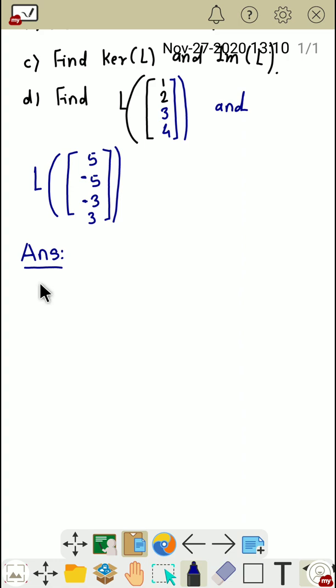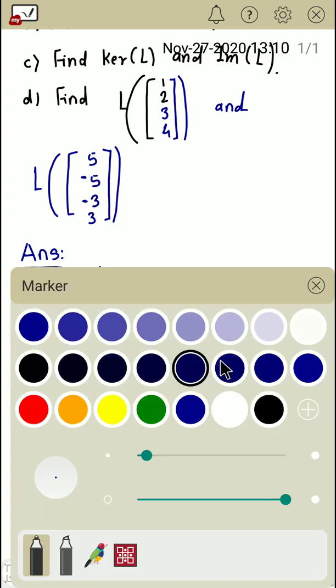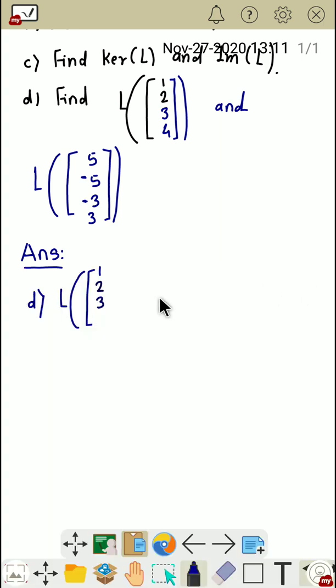As D is very easy to solve, first of all we solve D. So we will find the value of L operating on the vector (1, 2, 3, 4), and by the definition of linear transformation L, it gives a column vector in R2 with first entry the addition of the first two entries, 1 plus 2, and the second row the addition of 3 and 4.